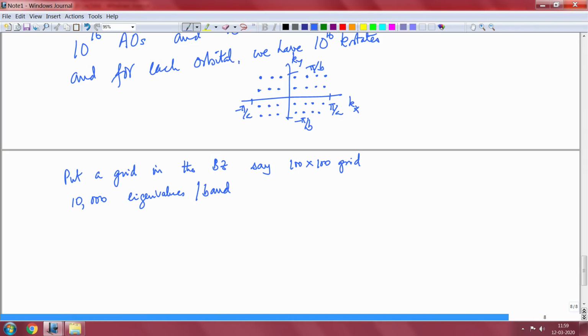Well, this is in 2D, and in 3D you can have up to 10 to the power 6 eigenvalues that can be computed.